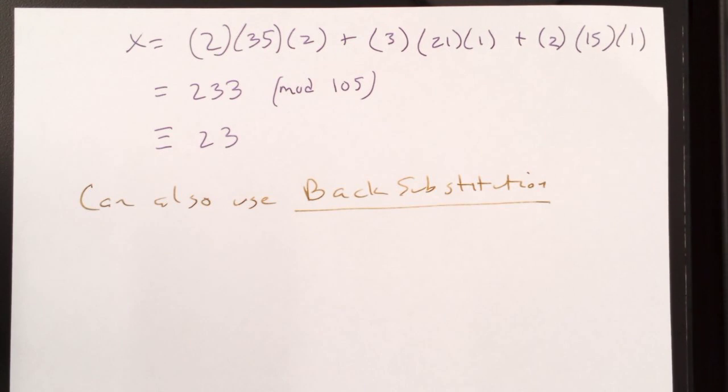I've seen this phrase when solving simultaneous equations, right? When you've got like x plus y equals 7 and 2x minus y equals 2, and you've got to figure out what x and y are, you solve for one of them, and then you back substitute to solve for the other one. When you had 3 equations and 3 variables, the same idea. You would solve for one, then you would go back and solve, and then you would go back and solve again.